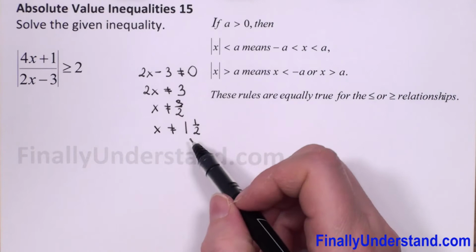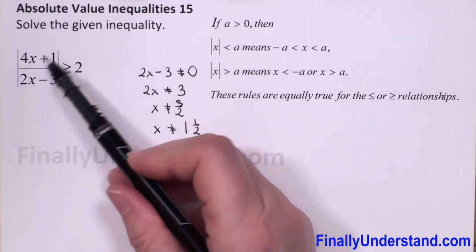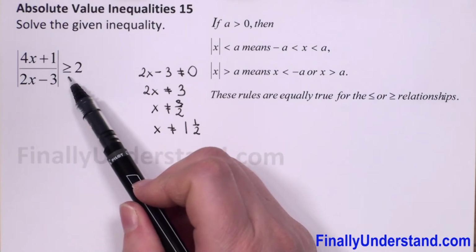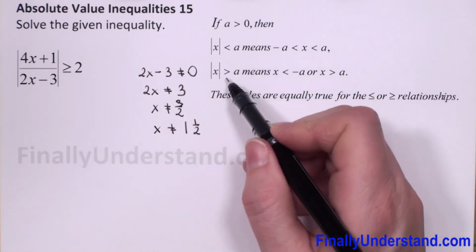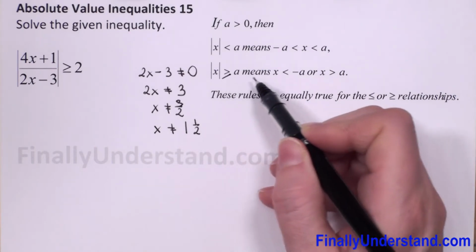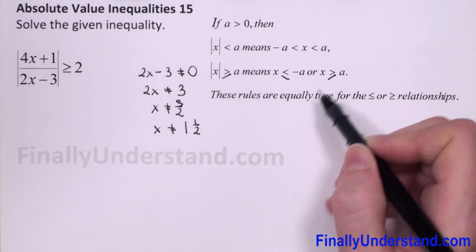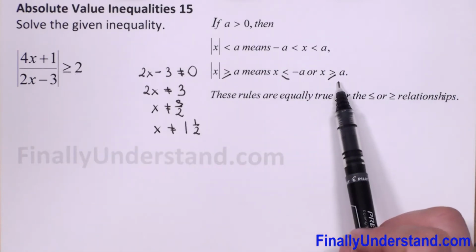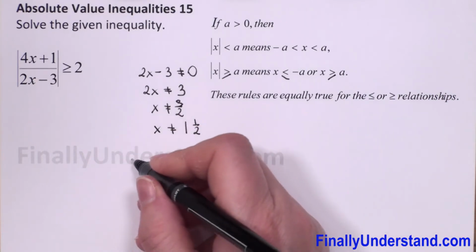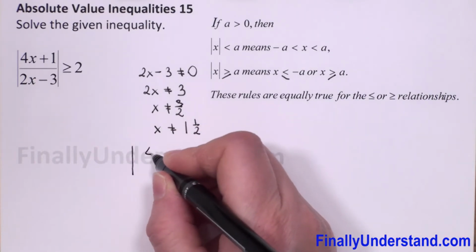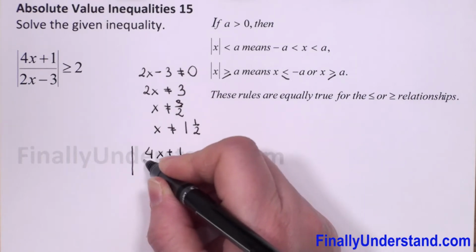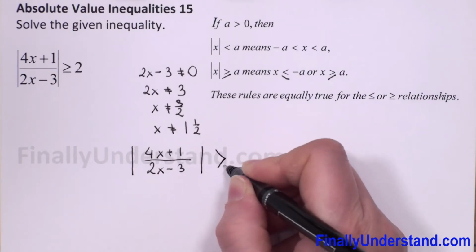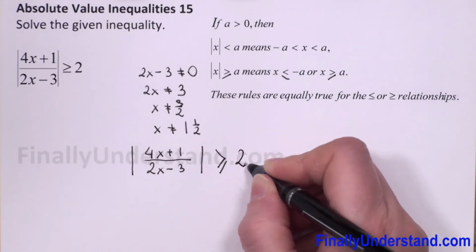Now, when we have the domain, we can go to our inequality. We have absolute value is greater than or equal. It means we will use the second rule. We have to only add equals sign. So we will rewrite our inequality to two inequalities. Let me copy this example first. We have absolute value of 4x plus 1 over 2x minus 3 is greater than or equals 2.